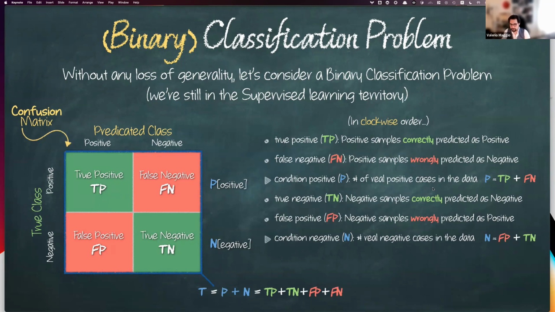So these are the 4 essentially basic components on which lots and lots of different metrics are built and derived from. So first of all, we have the portion of positive, the ratio between P and T, and the portion of negative is 1 minus pos, or N over T.